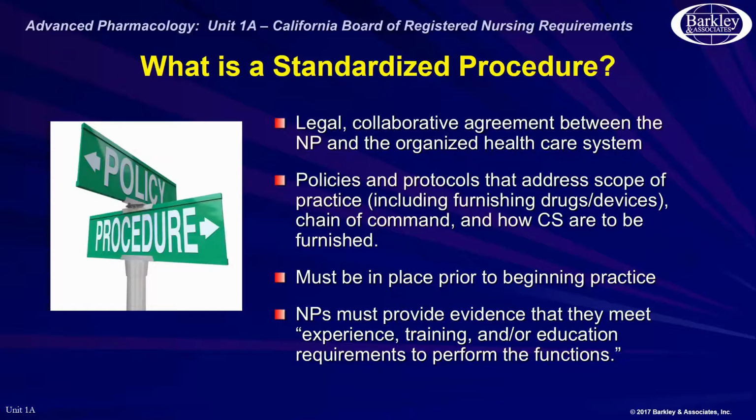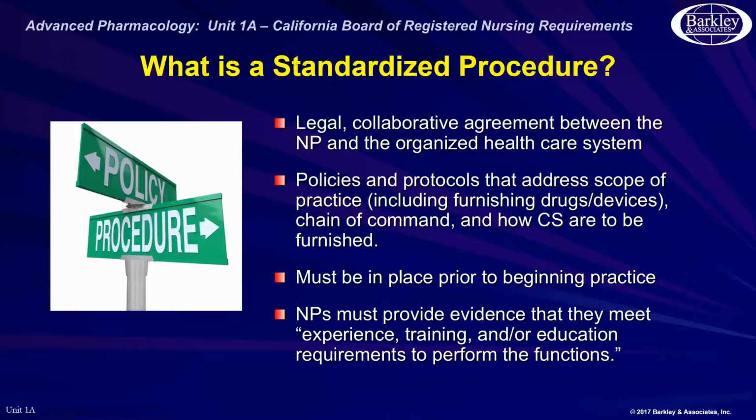It also takes into account, however, the chain of command. And with respect to controlled substances, that includes how controlled substances are to be furnished. For instance, does it involve collaborative practice, and who's in charge of that collaborative practice, and what the nurse practitioner's role in that practice is.